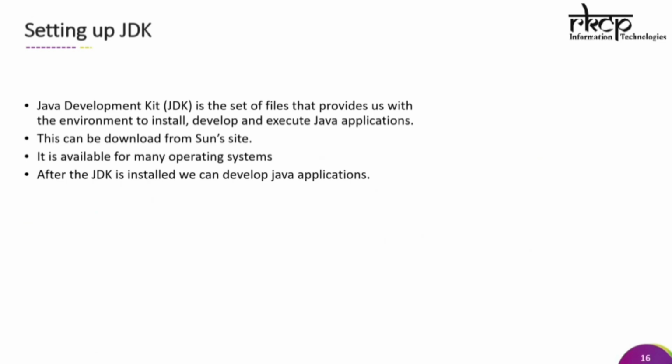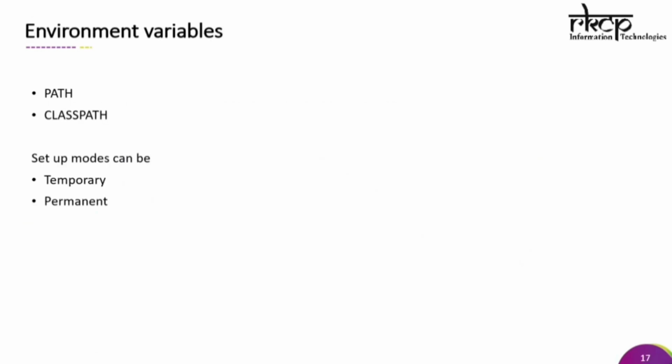To start with JDK, you can visit the Oracle website, where different versions of JDK are available. Any version you want, according to your operating system, you can download, and after downloading you can install it on your machine.